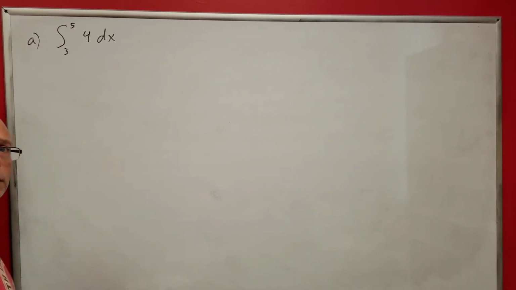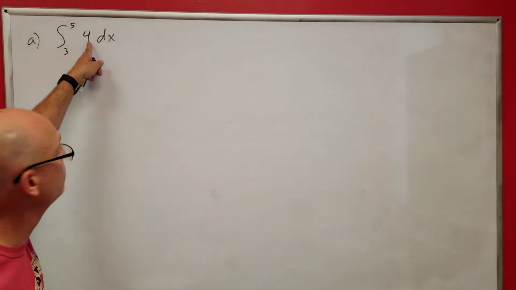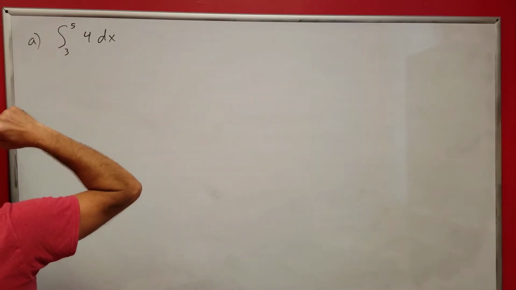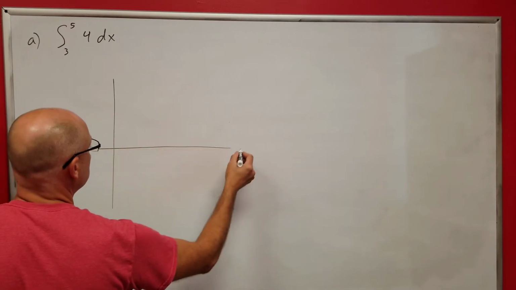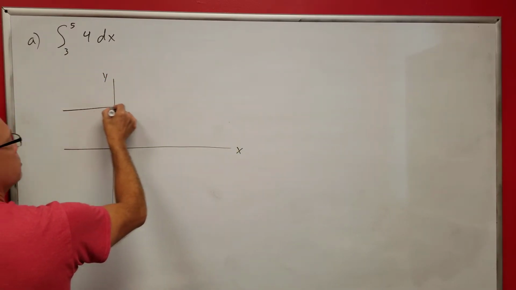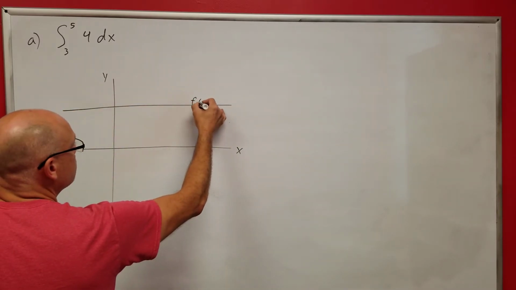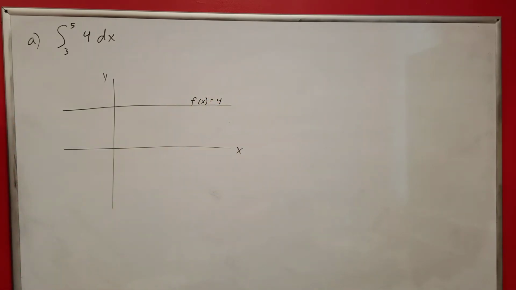So what is my function f of x? F of x is equal to 4. The function will be f of x is equal to what's inside the integral sign. So I could draw a picture of that. F of x is equal to 4. What does that look like? That looks like this, a horizontal line, right? Now what are they saying here?